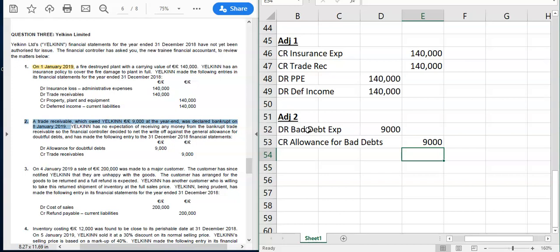And to answer your Part B, you're going to say this is an adjusting event under IAS 10. So it should be adjusted in the financial statements, because although it happened on the 8th of January, IAS 10 says that gives you an indication that this trade receivable was impaired at the year end as well, because things can change that dramatically over 8 days. Right, so that's your adjustment 2, and that's also Part B answered.